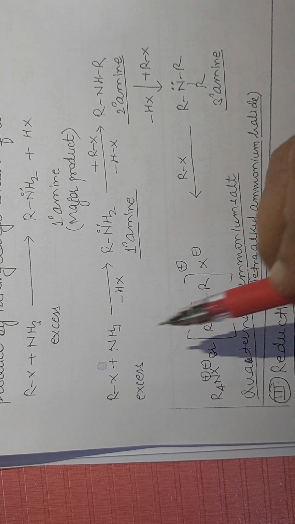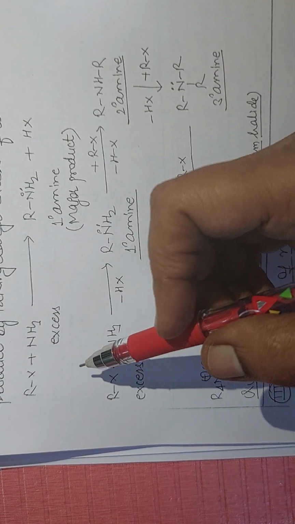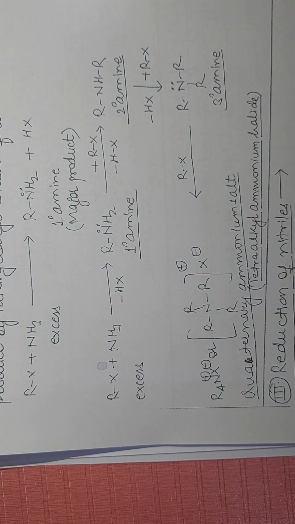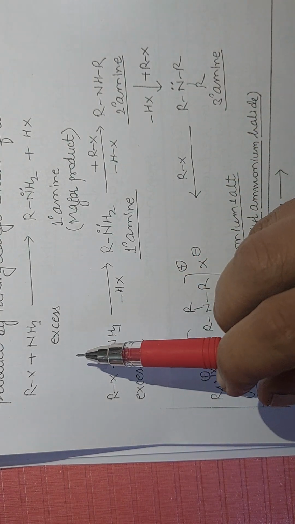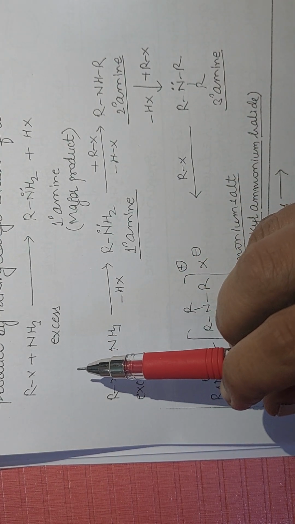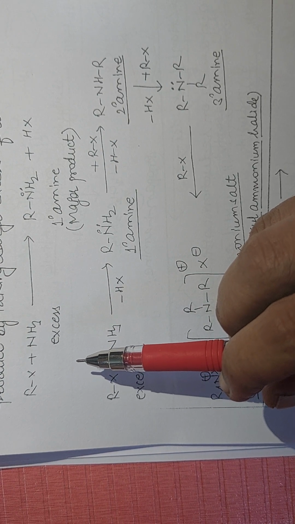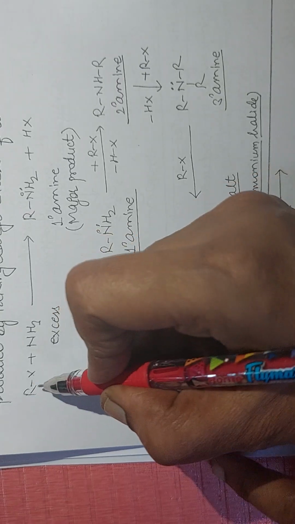We have discussed Gabriel phthalimide synthesis and Hoffman bromamide reaction for the synthesis of amines. Now we are going to the third method, Hoffman ammonolysis.